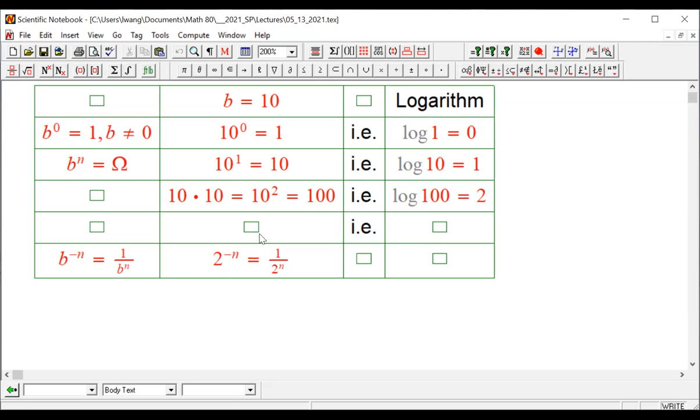Now keep going. 10 to the power 3. We're going to come back to this later, okay? 10 to the power 3 is 1,000. And in logarithm form, in other words, the logarithm of 1,000 equals 3.